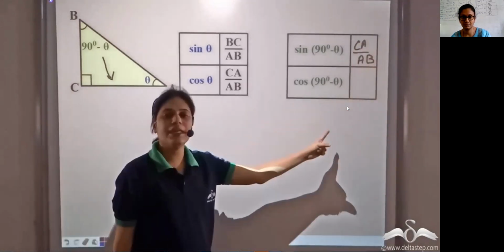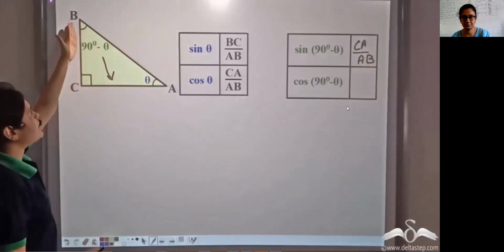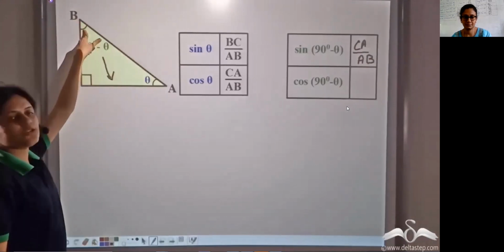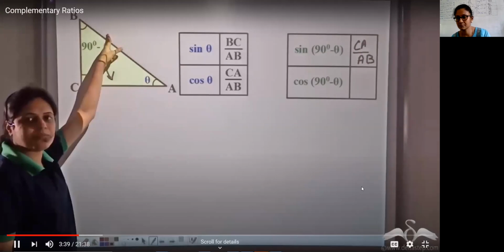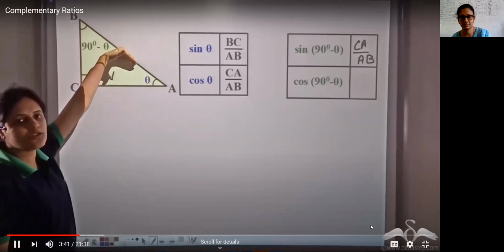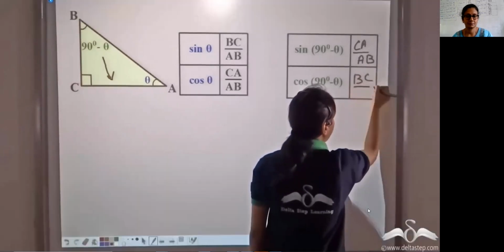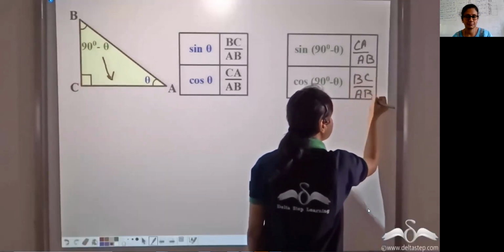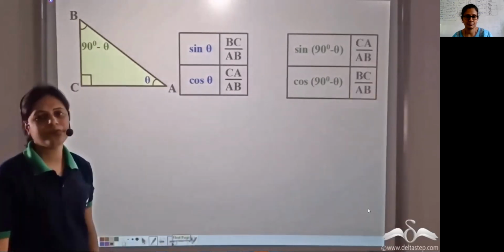Cos of 90 degree minus theta will be adjacent by hypotenuse. This side is adjacent to this angle. So it is BC by AB, because adjacent by hypotenuse. So this is what we have.